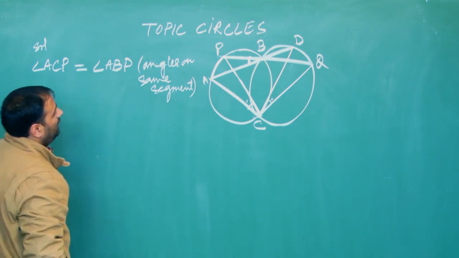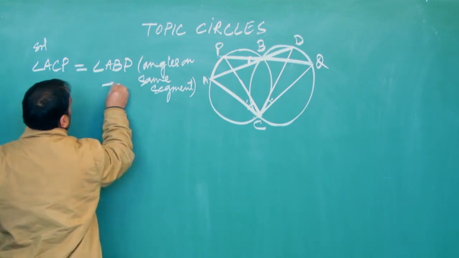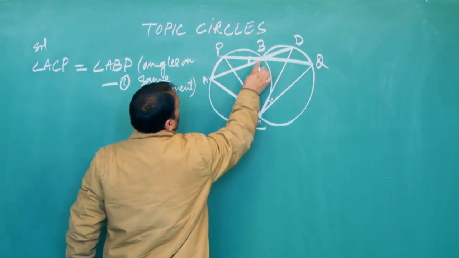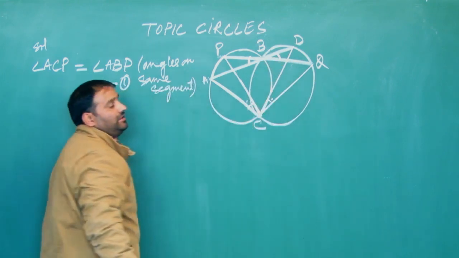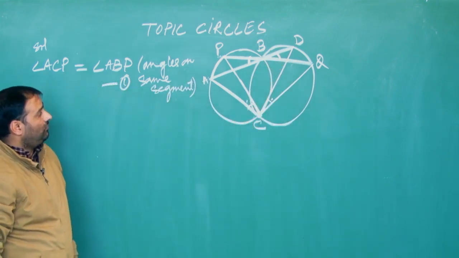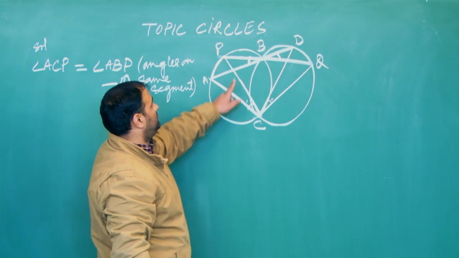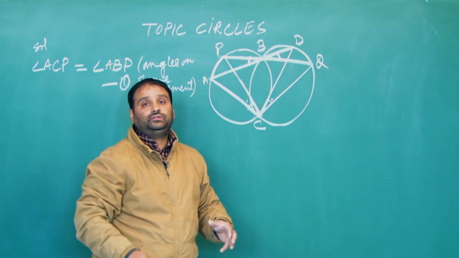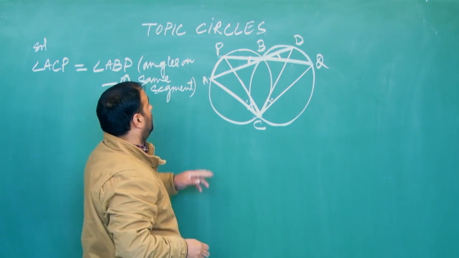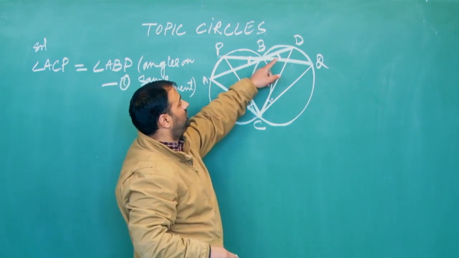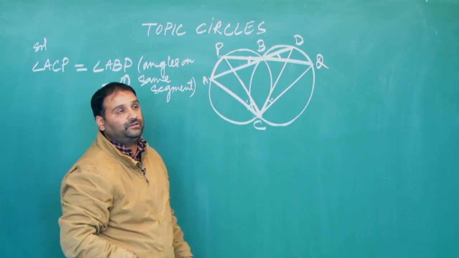Now, angle ABP, keep it as equation 1, angle ABP and angle QBD, these are equal. How? Because these form vertically opposite angles, and we know that two angles are vertically opposite angles and they are equal when any two straight lines intersect in a point.